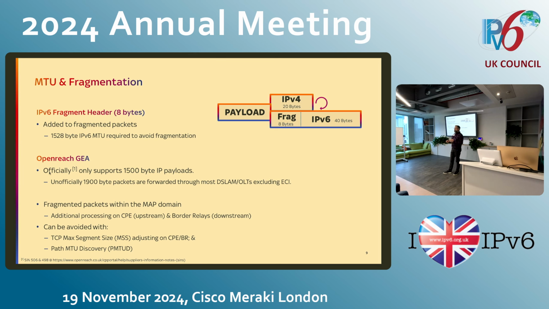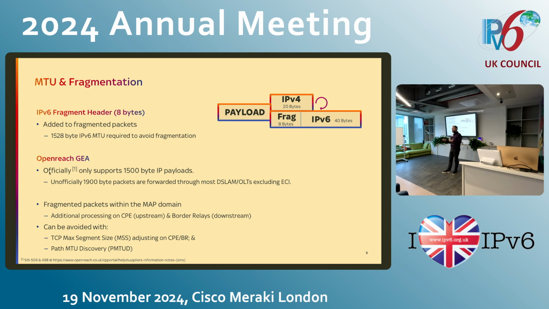So, fragmentation. I mentioned you're swapping a 20-byte v4 header for a 40-byte v6 header, but there's also the potential of an extra 8 bytes for an IPv6 fragment header if the original v4 packet was already fragmented. So you're going to need a 1528 byte MTU to avoid any of the additional fragmentation incurred by the translation.